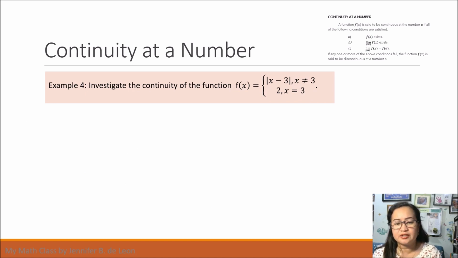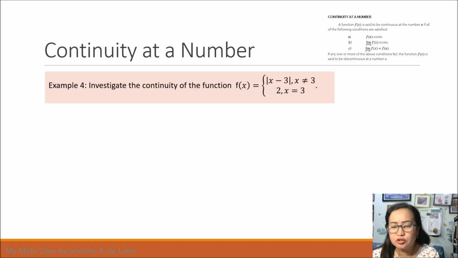Investigate the continuity of the function f of x equals the absolute value of x minus 3, where x is not equal to 3, and the constant function 2, where x is equal to 3. From here, we again show that this function satisfies the three conditions, so that we can say that this function is continuous at x equals 3.